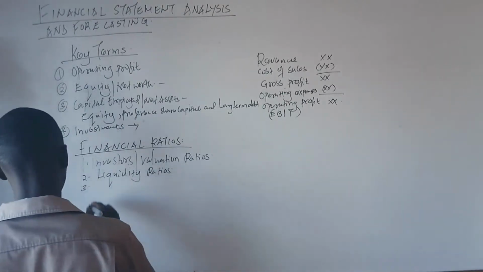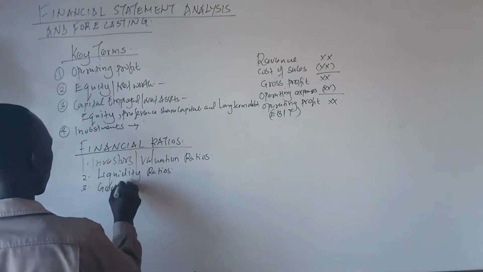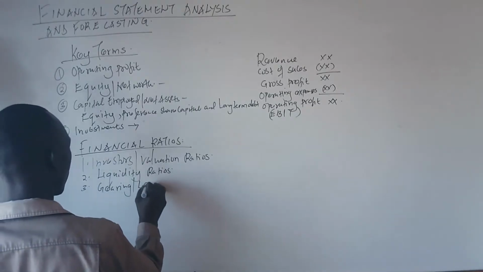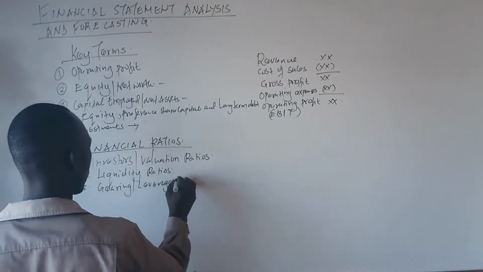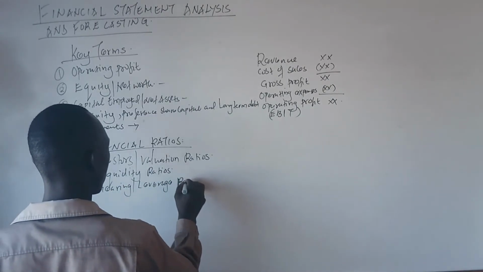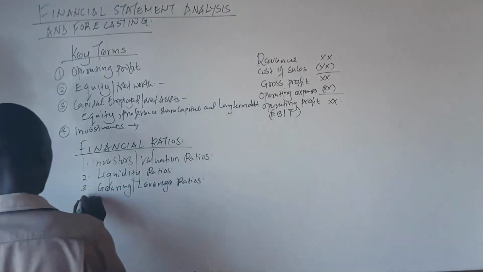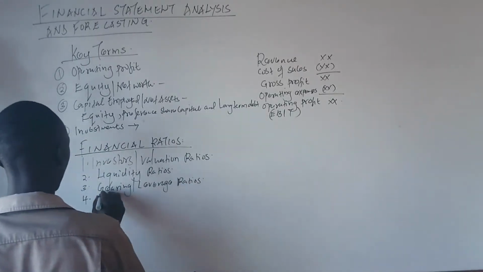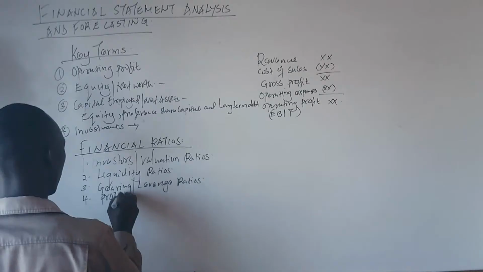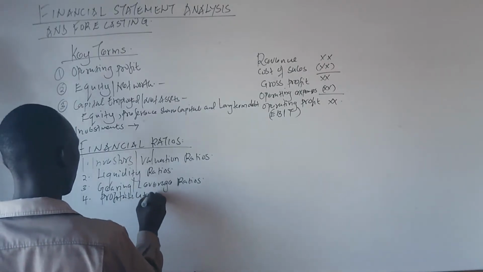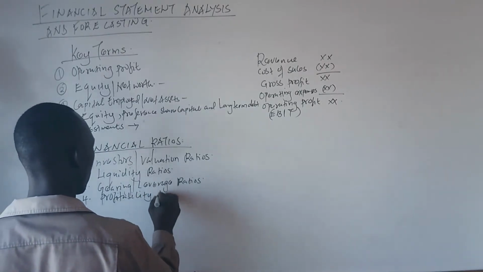Number three, gearing or leverage ratios. Number four, profitability ratios.